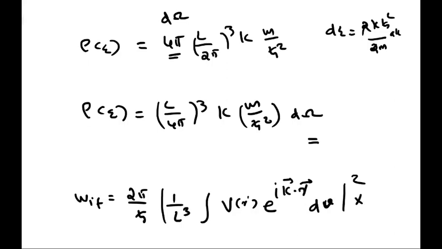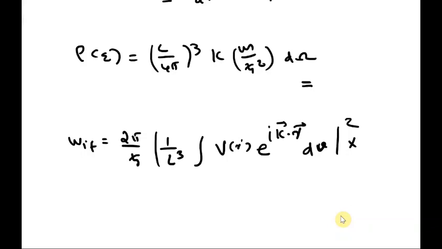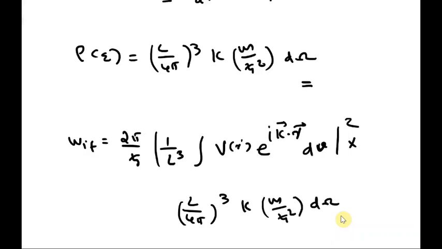Also, whatever we obtained now, rho of E, that is L by 4 pi whole cube, k m by h cross square d omega. Here we have 1 by L cube square, and one L cube is there, so this L cube will cancel, and numerator 2 pi k m.